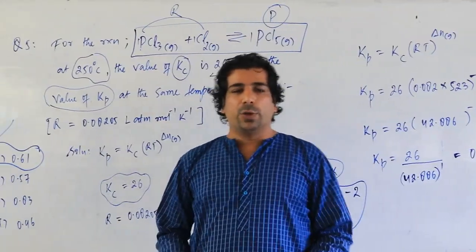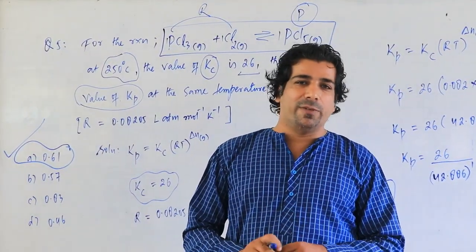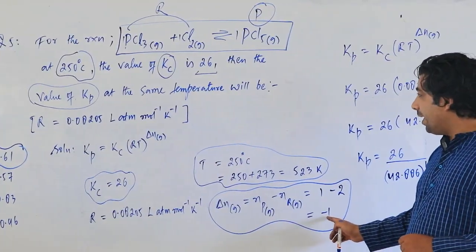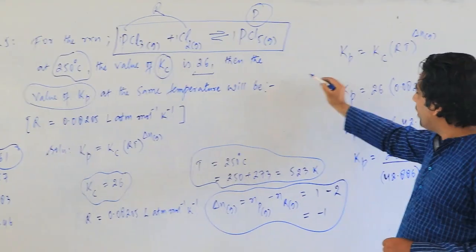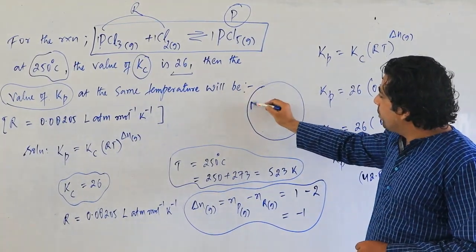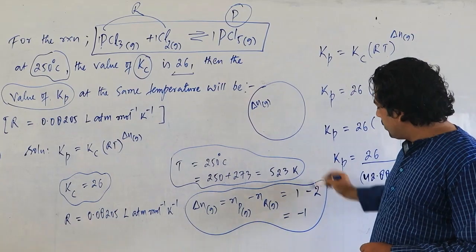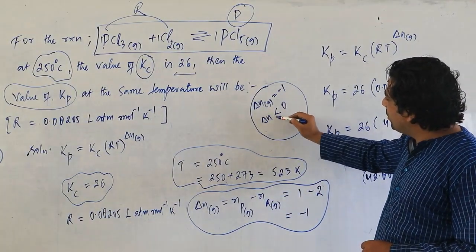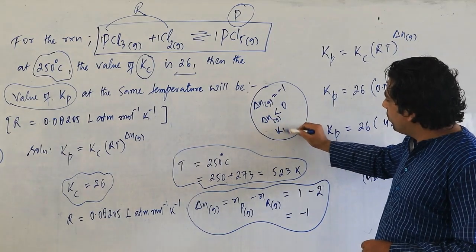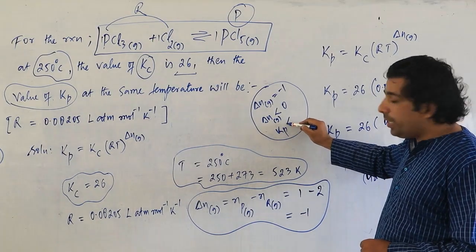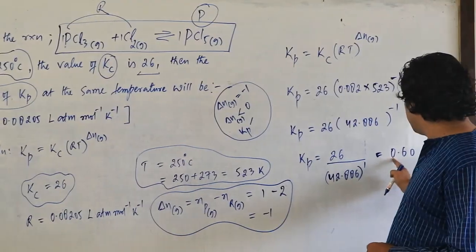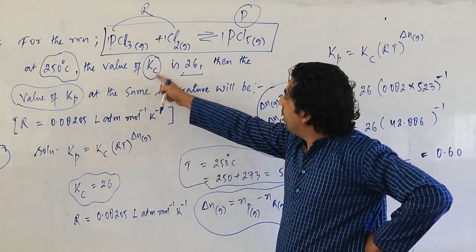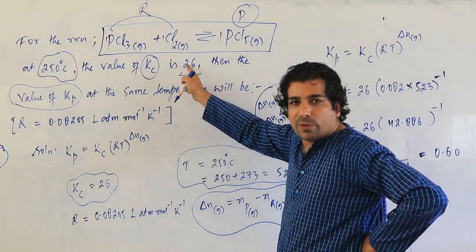I hope you have understood it very well, and you also know that the delta N value here is negative. And remember, as an additional point, here we have delta N gaseous which is -1. That means delta N is less than 0. When delta N is less than 0 for this reaction, look at the Kp value, that is 0.60, and look at the Kc value, my dear friends. How much is the Kc value? 26.